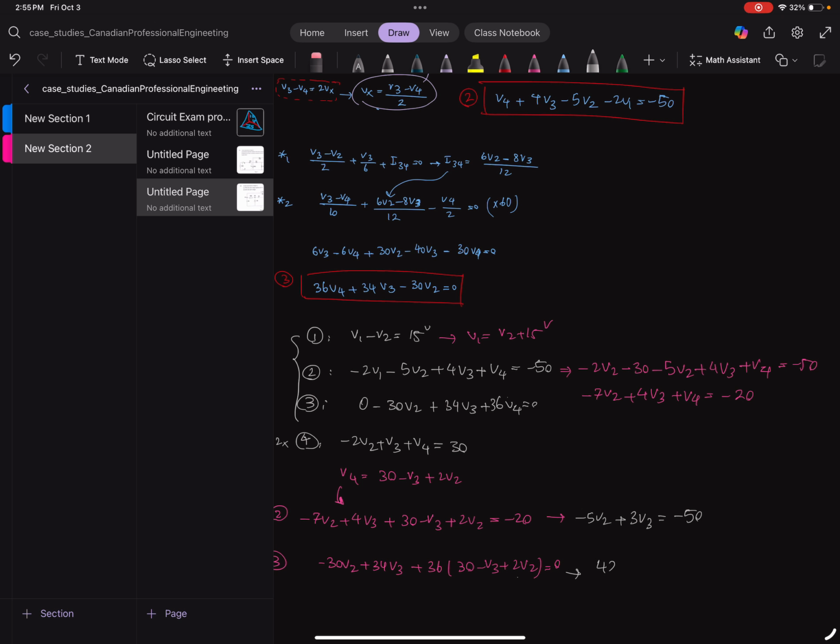So 42 V2, V3. We have 34 here, minus 36 here. So minus 2 V3 is equal to 36 multiplied by 30, that's 1080, minus.